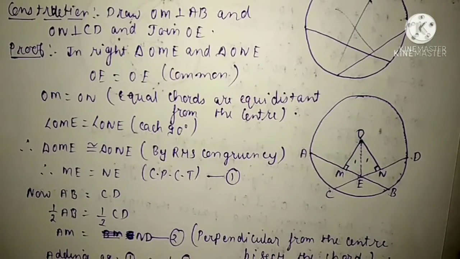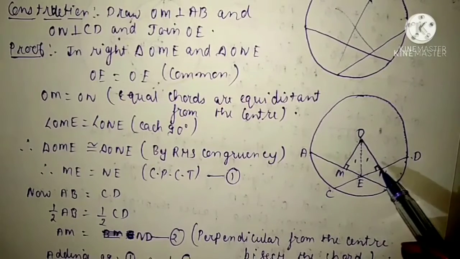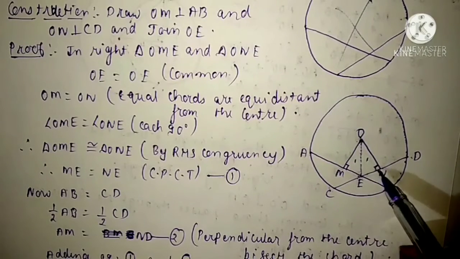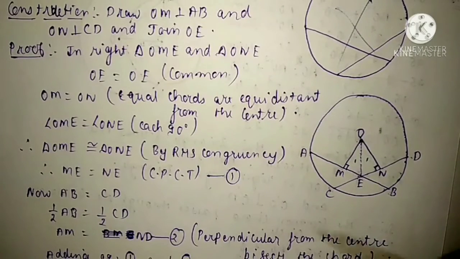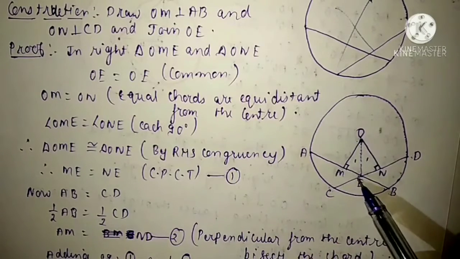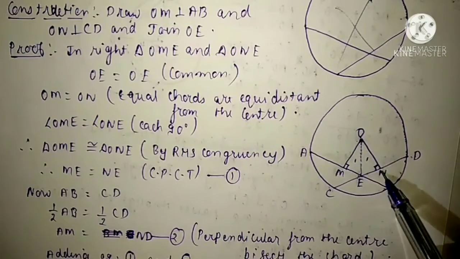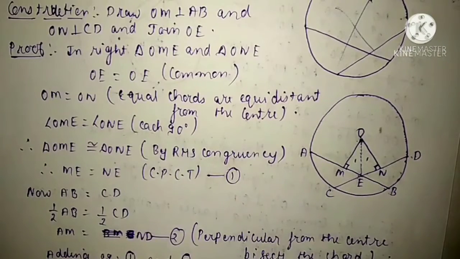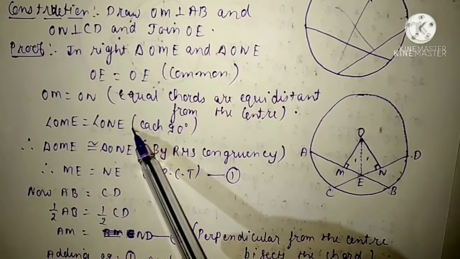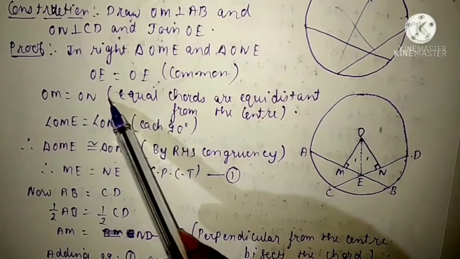So OM is equal to ON, and the reason is equal chords are equidistant from the center. Since in construction we have drawn this perpendicular, this angle will be equal to 90 degrees. So angle OME is equal to angle ONE, each 90 degrees. Now this is the right angle, this is the hypotenuse, and this is the side.